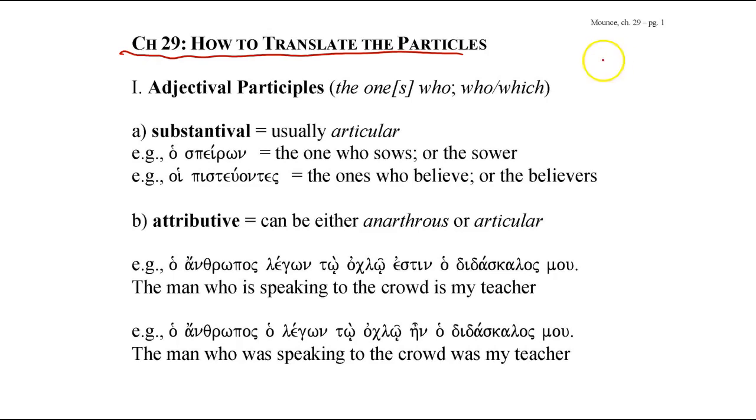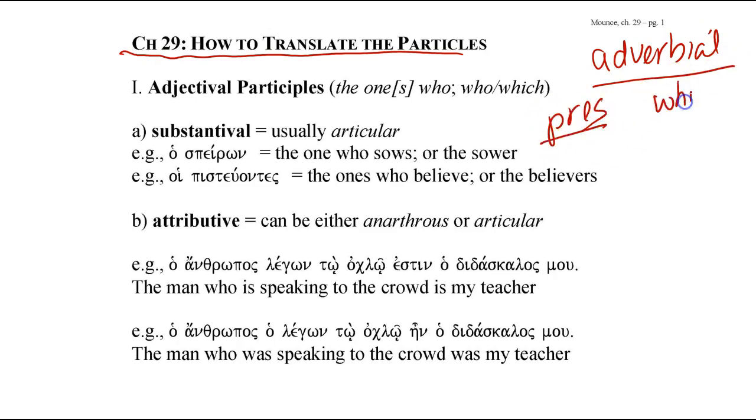Mostly we've been focusing so far on the adverbial translation, where if it's a present participle, we use the conjunction while to help us translate. And if it's an aorist participle, we use the conjunction after, and we can also use when to help translate something.